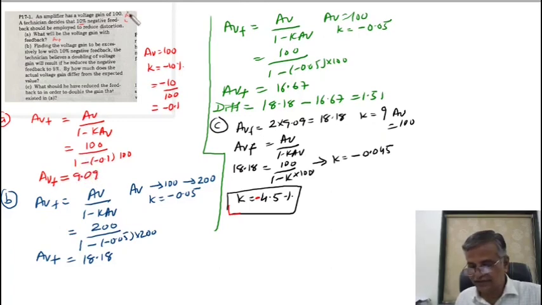You think that make this double and use a K of only 5%. What will be the gain? This much. How much does this differ from the actual one? The actual, this is the equation: this is 100, K is 5%. This is the actual gain. This differs by how much? 1.5. Now, if you want to double this gain after feedback with the same AV, what should be the value of K? You can solve it this way.